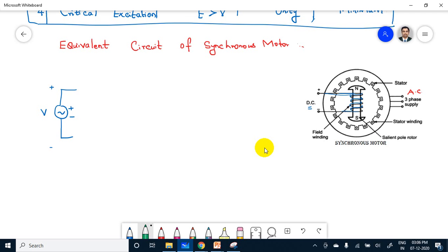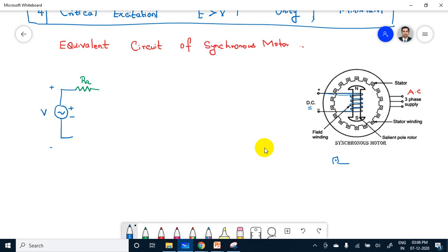So here in the stator there will be a resistance. This is the resistance, the armature resistance, RA. RA stands for armature resistance. In the stator, you see here, this is a slot.